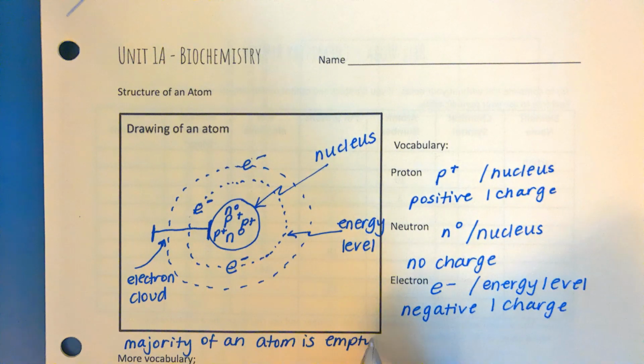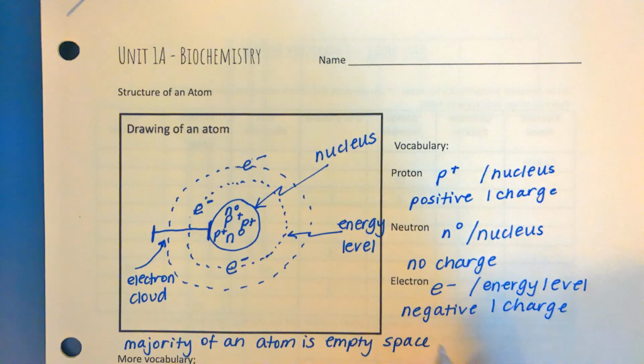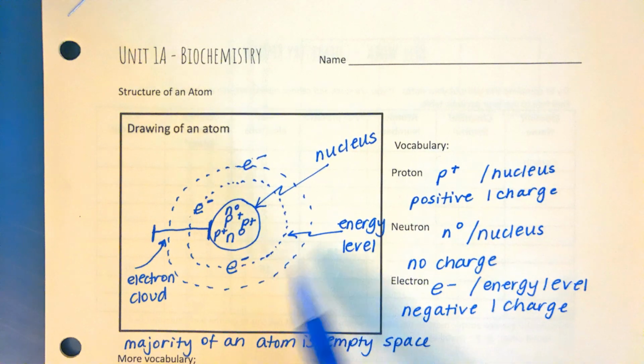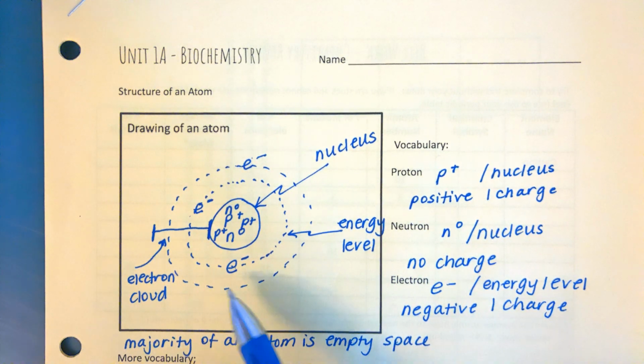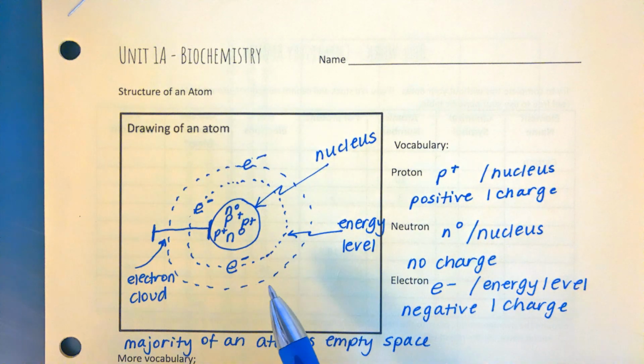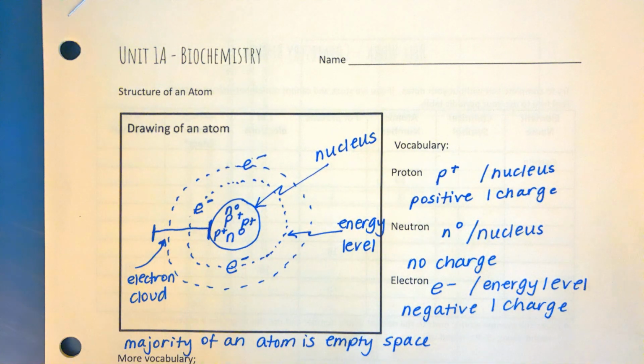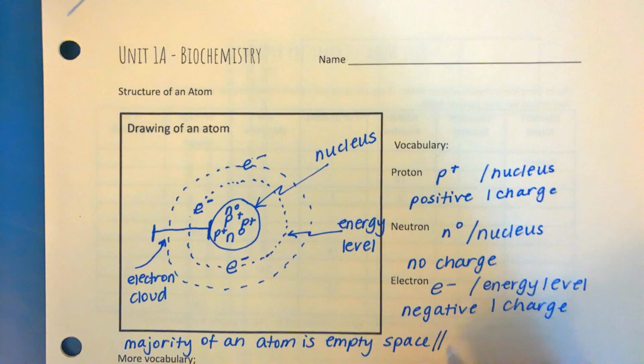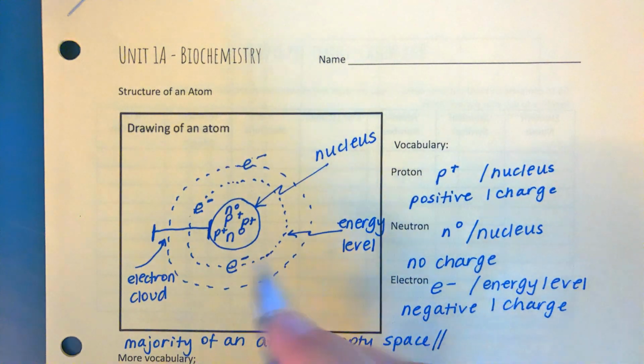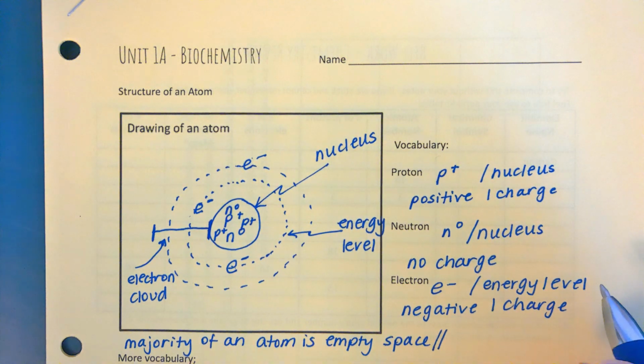And I also want you to know about the mass of this atom. While the electron does have some mass to it, it's really, really small in comparison to these protons and neutrons. And so the majority of the mass is actually located in the nucleus, and that nucleus is really, really dense.